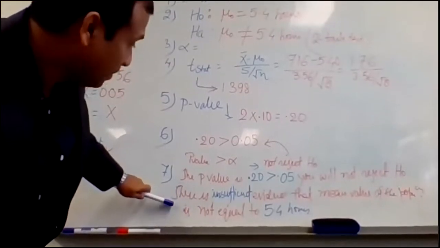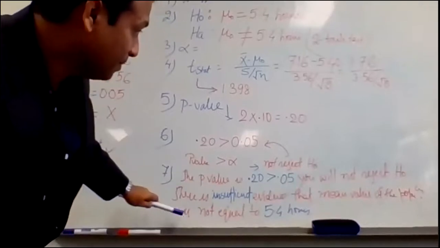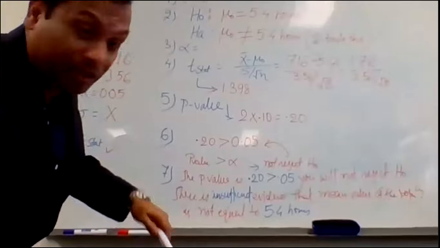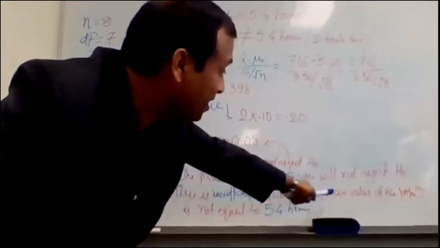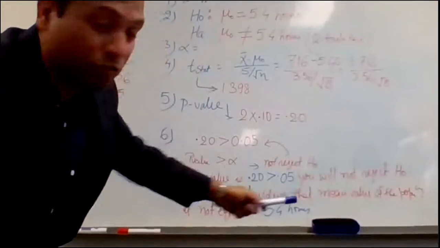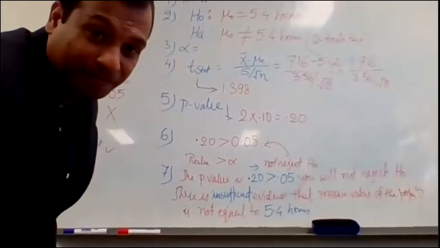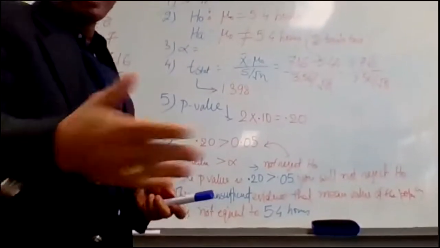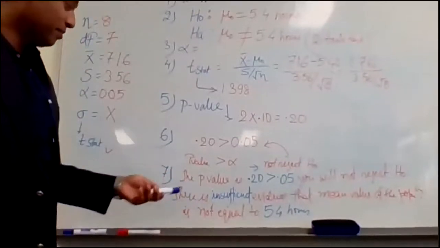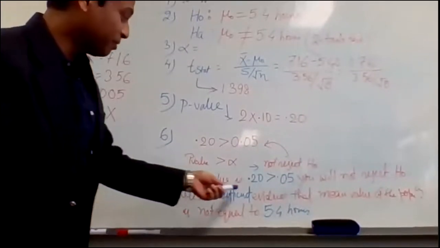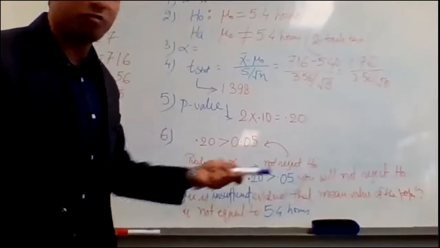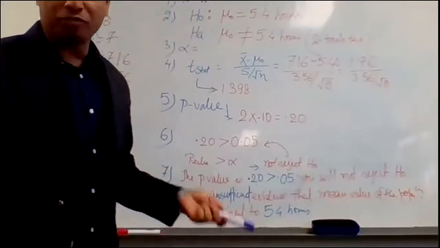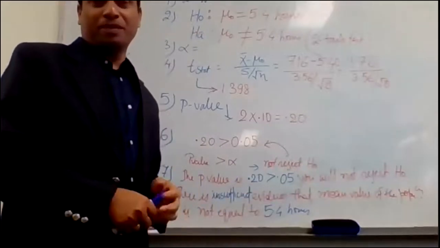There is insufficient evidence that the mean value is not equal to 5.4. Exactly. Or otherwise, there is sufficient evidence that the mean value is equal to 5.4. Both are the same, both are correct.